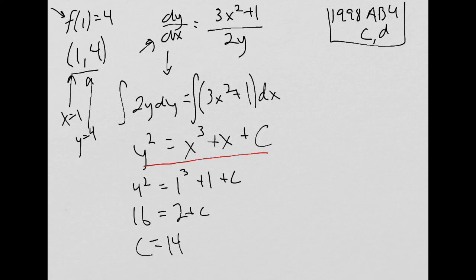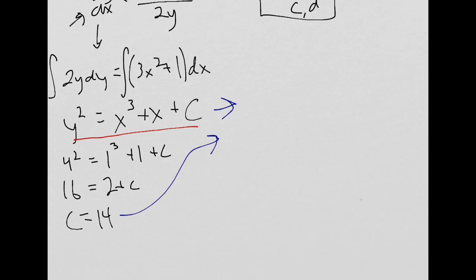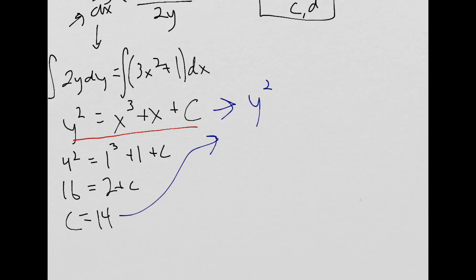So from here, I am going to take those two lines and combine them, and I'm going to write that y squared equals, and so I'll stop for a moment here. Oftentimes, there are different opportunities to solve for c.